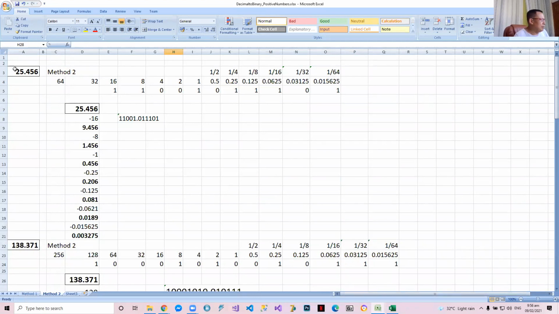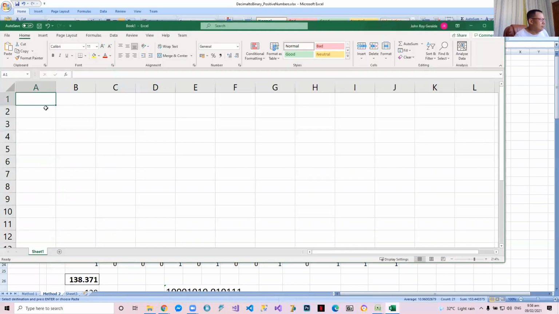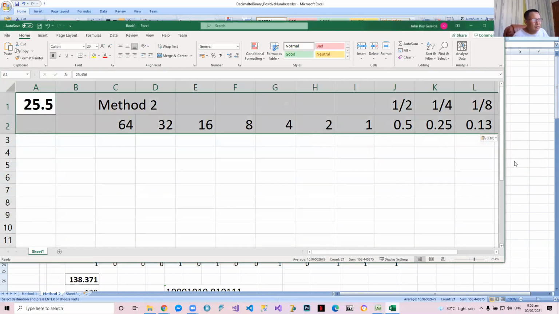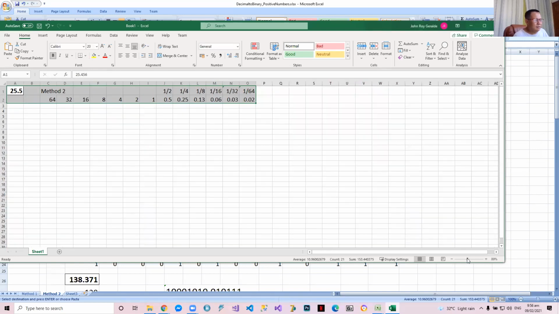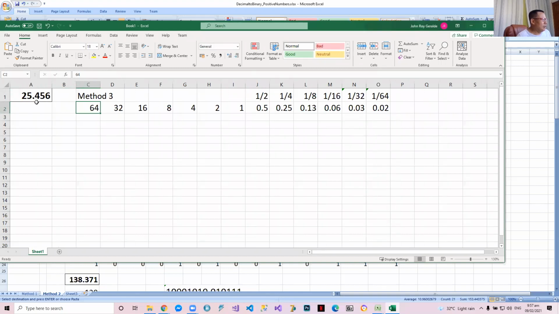Let me do that. Let me just copy this anyway. Okay. Can you see my worksheet? Let's call this method 3. Okay, do you follow? Ito yung ating value.